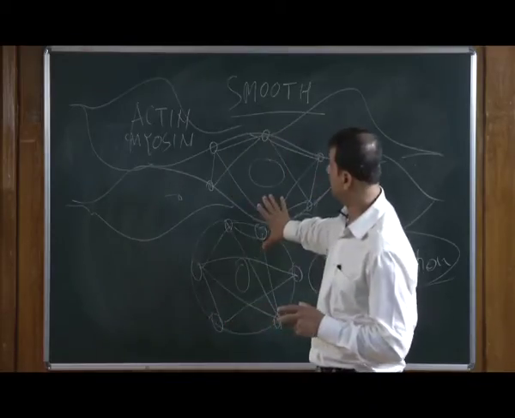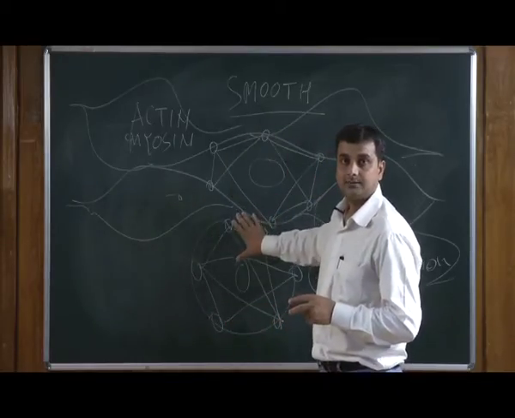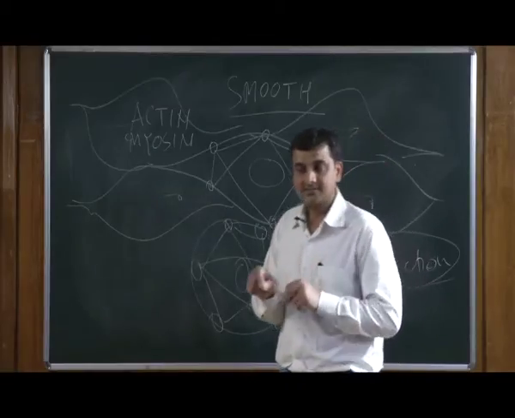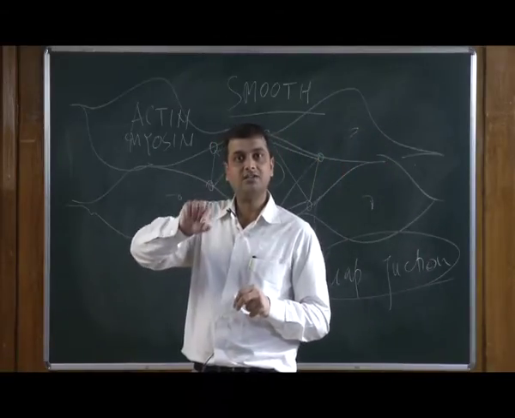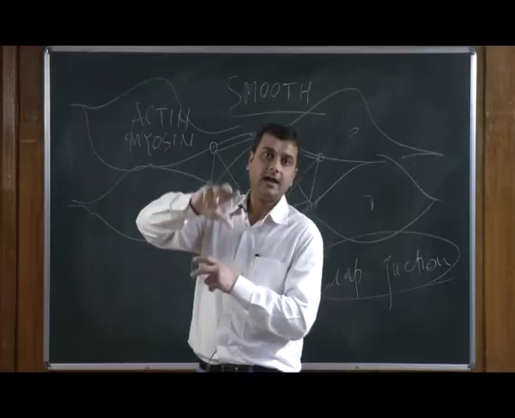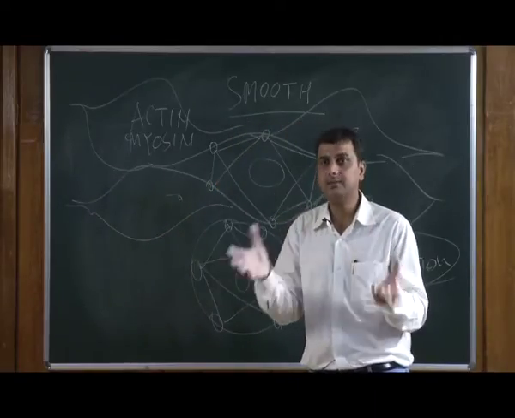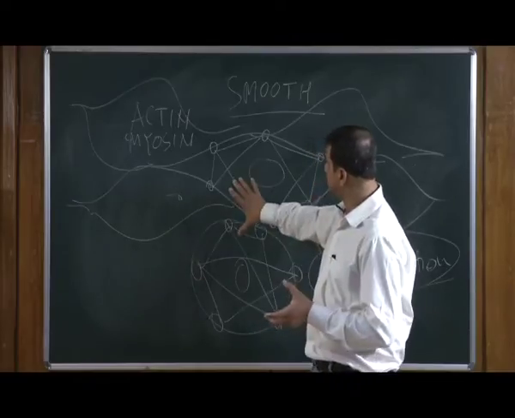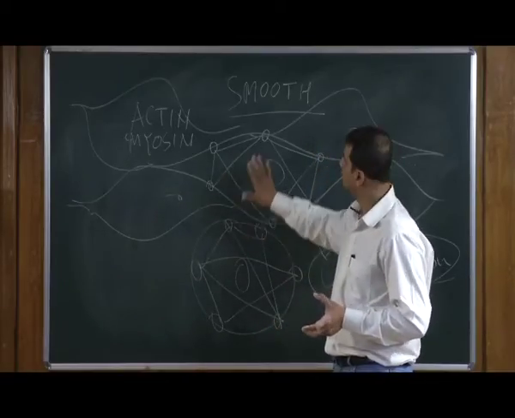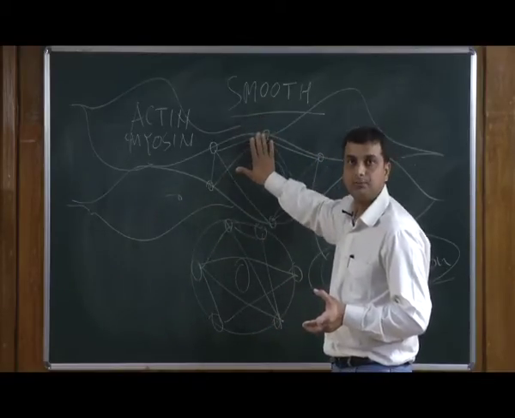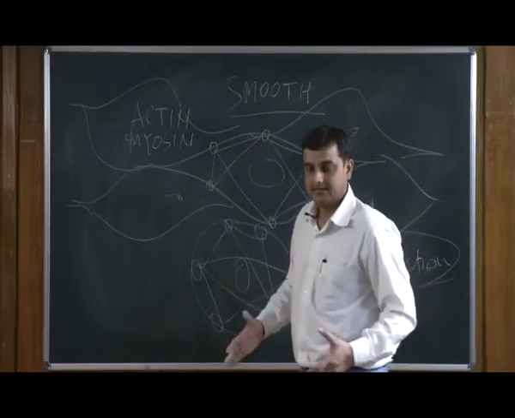Of course, these are not much of a concern in terms of understanding the striation and all. Those striations, the Z band, the H band, the I band and the M band, are important, but here those complexities are not there. These are very simple smooth muscles located in the gut area.